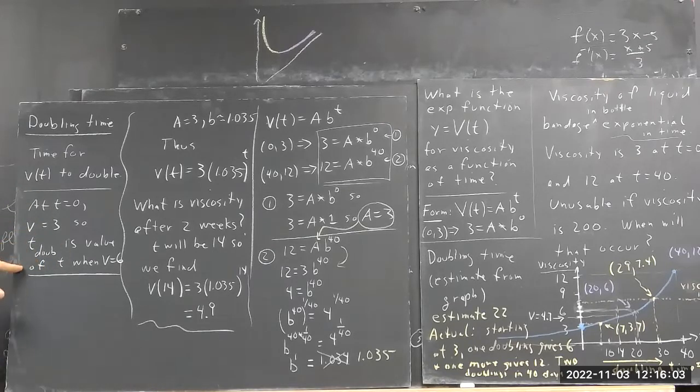But anyhow, t dub is the value of t when V equals 6.